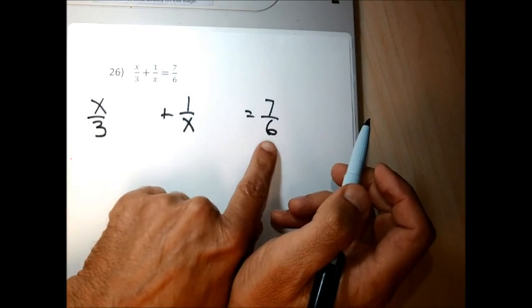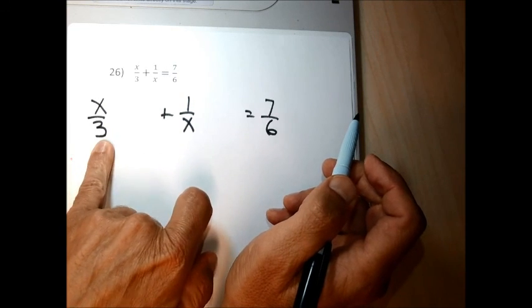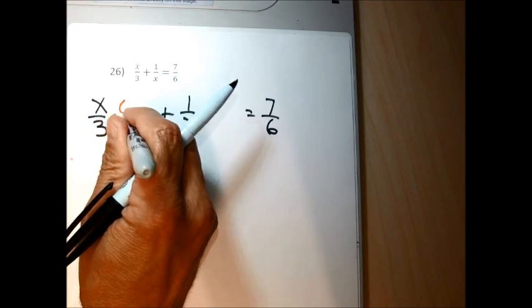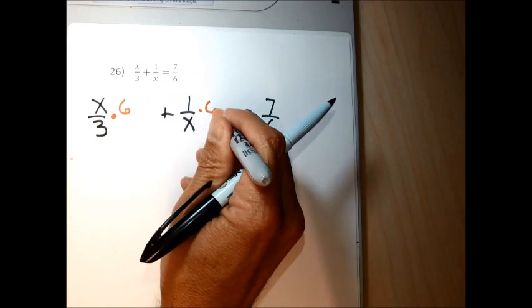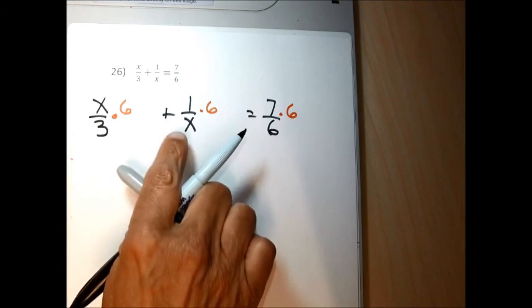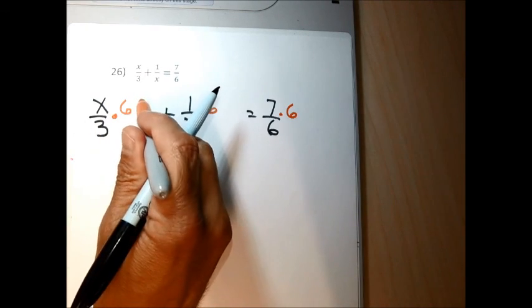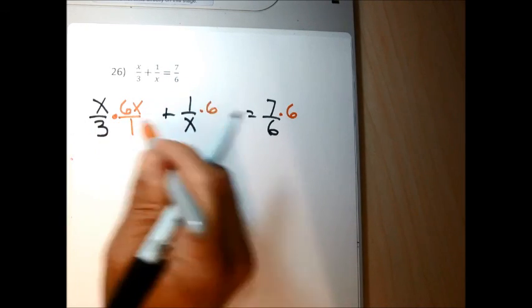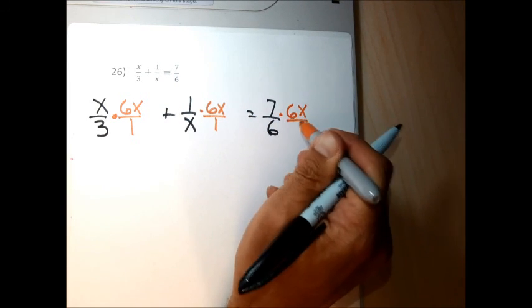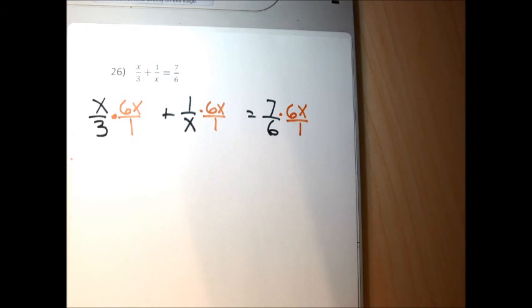Multiplying by a 6 will get rid of a 6, and it will get rid of a 3. So to get rid of the 6 and the 3, I multiply by 6. To get rid of an x, I have to multiply by an x. And so I'm going to multiply each term by 6x over 1. And that should help me clear the fractions.